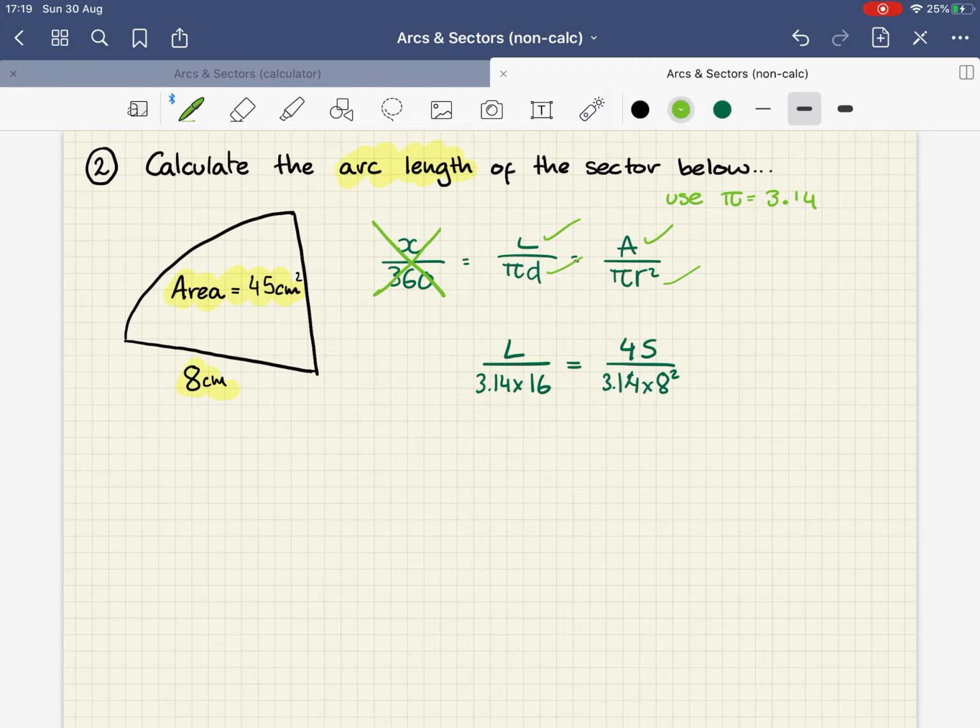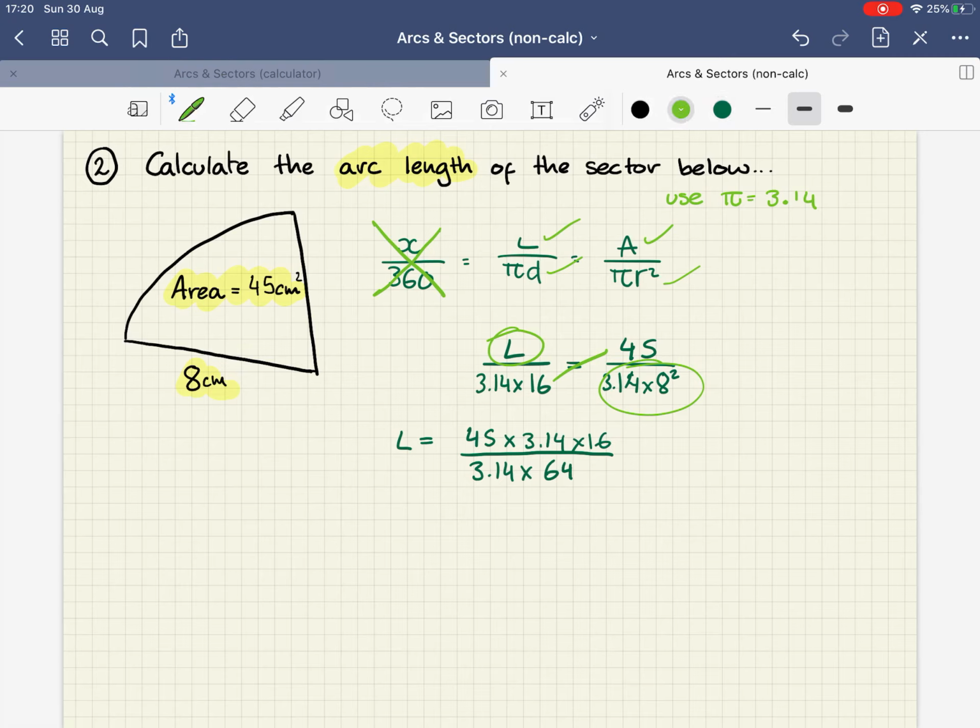And so here, L is the thing I want. So I've got L equals, multiply across the diagonal, all over the last thing that's on the bottom. And so writing 8 squared, I'm going to actually write that out as 64.